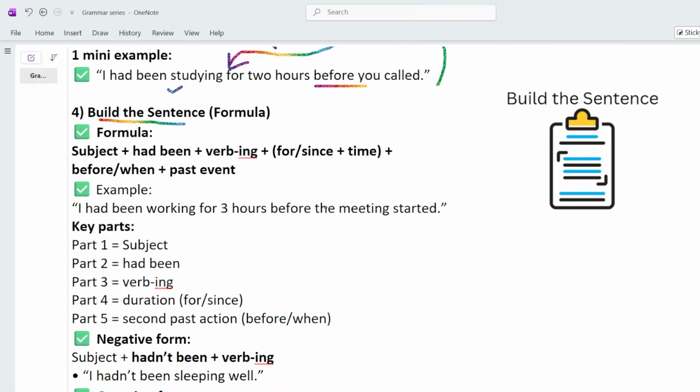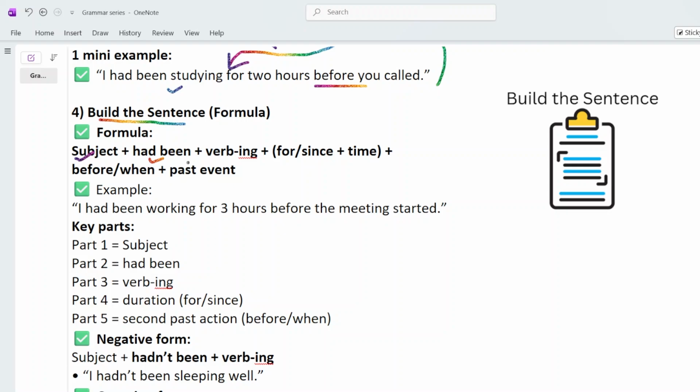It's okay if you do not want to memorize it, but as and when we go on into this particular lesson for today, you will understand how easy it is to really articulate your sentences in terms of using a particular tense. Okay, so your formula is subject plus had been.